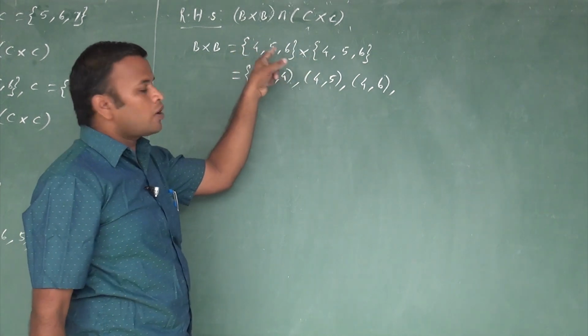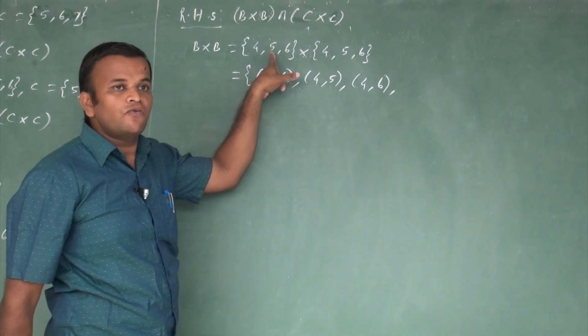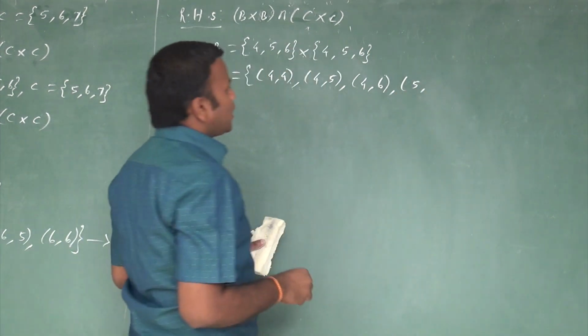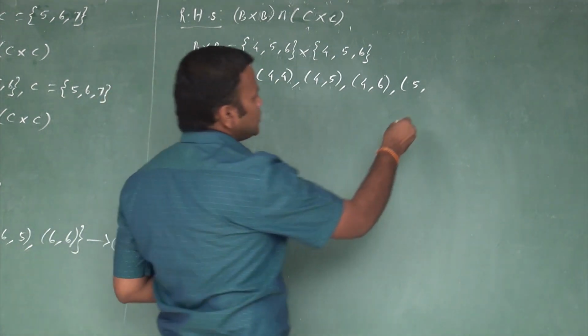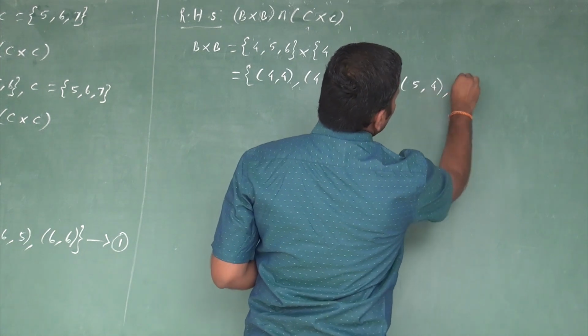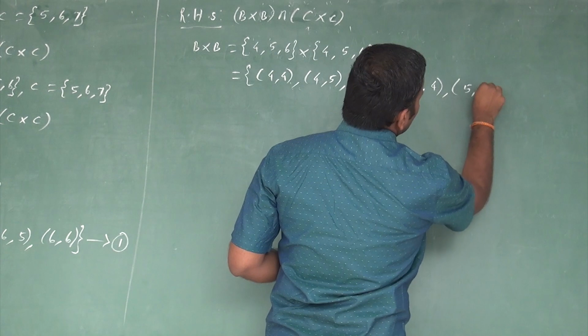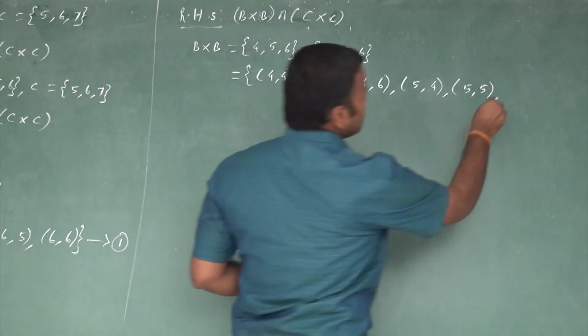We do the same for all elements in the first set. Now the first element is over. Next, the next element of the first set is 5. So we take 5 comma the second set's first element, which is 4. Next, 5 comma 5. Next, 5 comma 6.